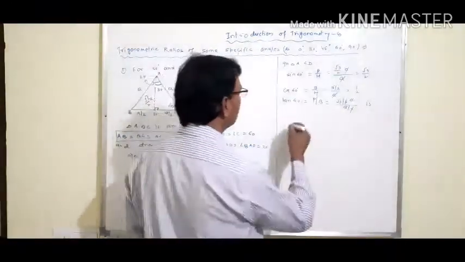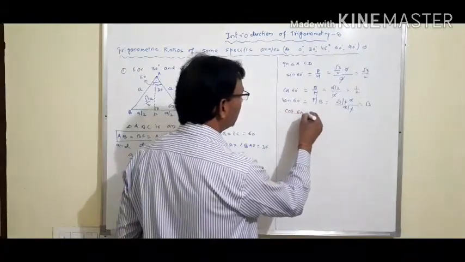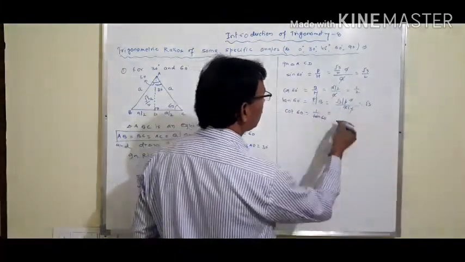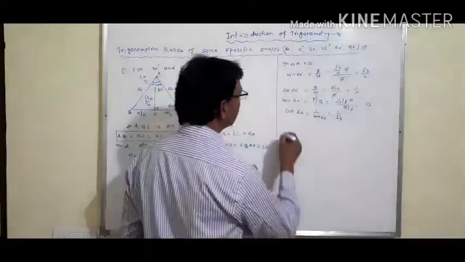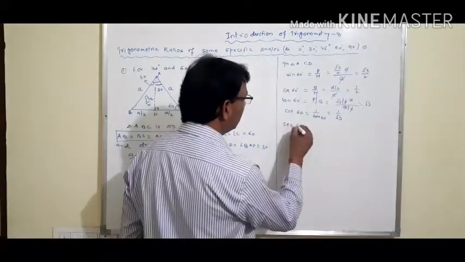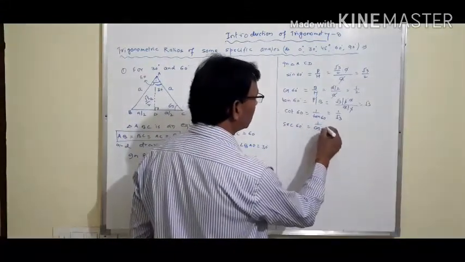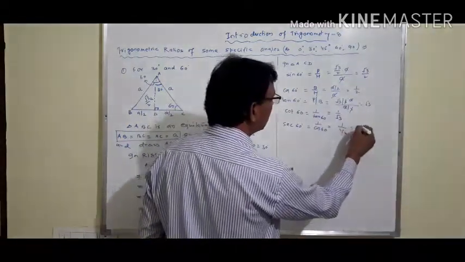Therefore cot of 60 equals 1 by tan of 60 equals 1 by root 3. Sec of 60 equals 1 by cos of 60, which is 1 by 1 by 2, equals 2.